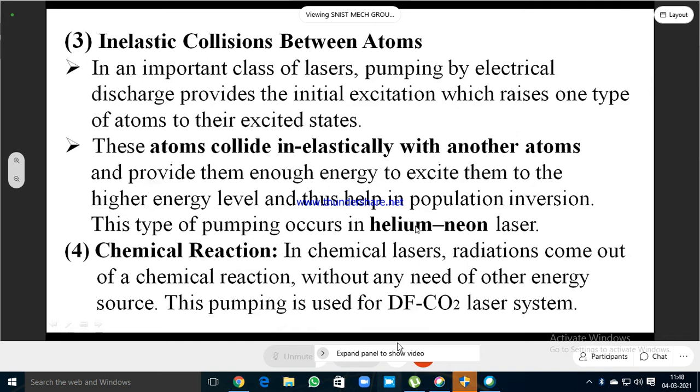You cannot send the neon atoms directly to the excited state; you have to send the helium atoms to the excited state first. These helium atoms collide with the neon atoms, the neon atoms receive the energy from the helium atoms, and the neon atoms jump to the excited state. This is what is happening in inelastic collisions between the atoms.